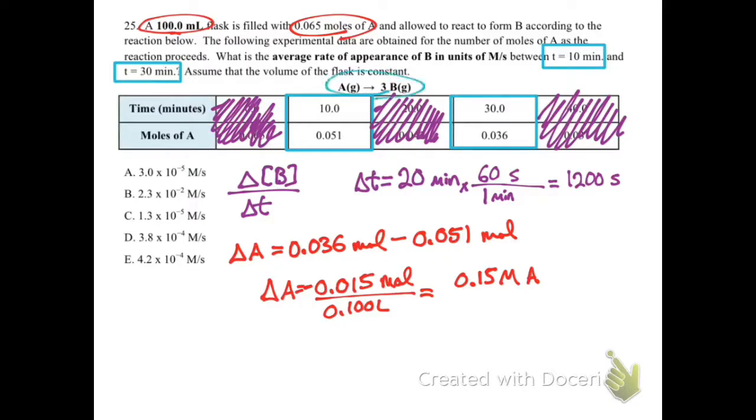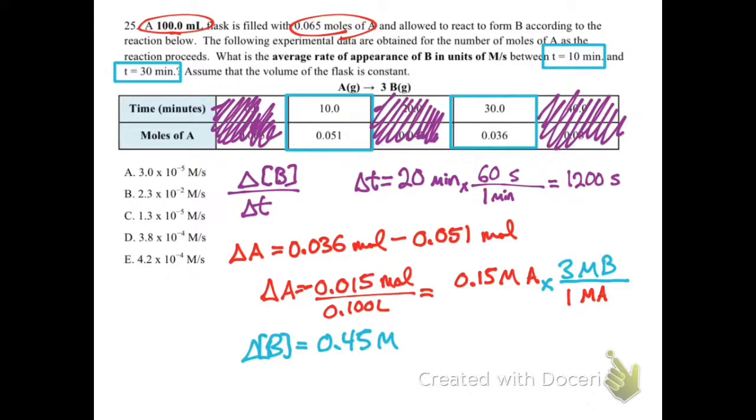Now we can just use the stoichiometric coefficients from our reaction. That's up here. And we can see that for every 1 molar of A that we use up, we end up producing 3 molar of B, which means that the change in the concentration of B is equal to 0.45 molar.